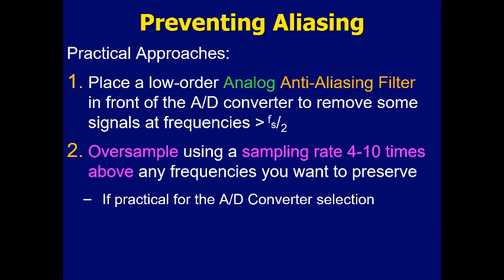For some less critical applications, we might not choose too much oversampling, but for critical applications like control systems, we might choose to use a considerable amount of oversampling just to make sure we don't get a lot of aliasing so that our control system's not chasing signals that aren't there, as well as making sure we have accurate representations of our original signals.